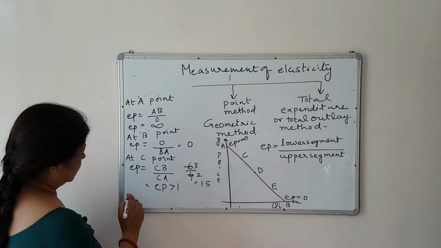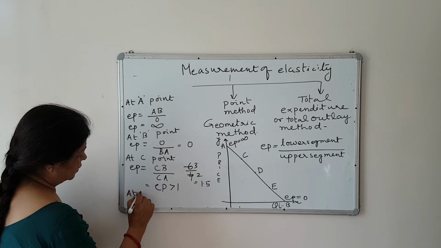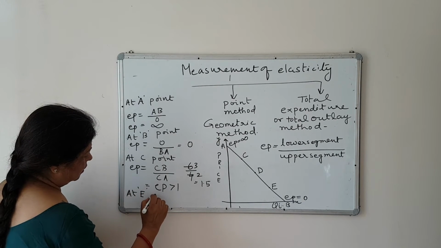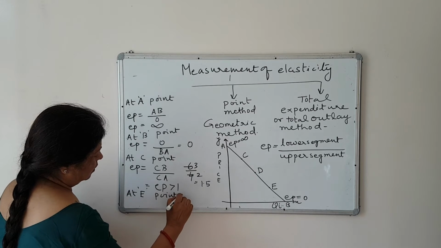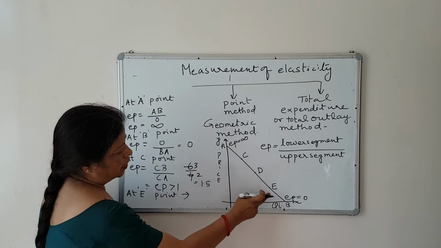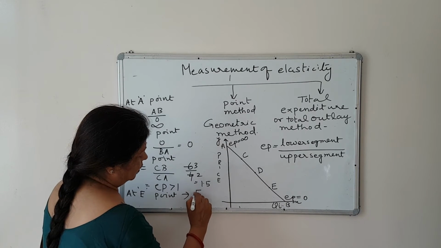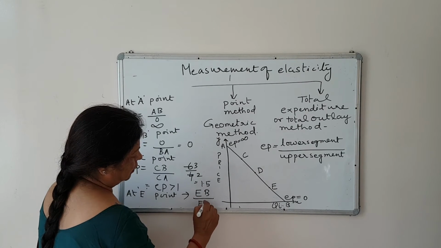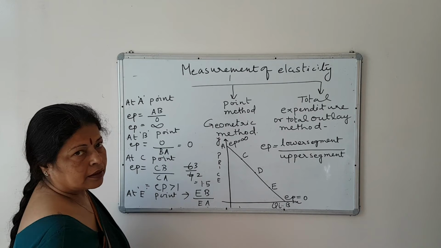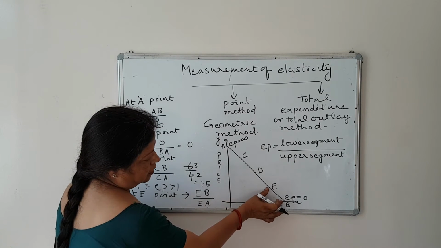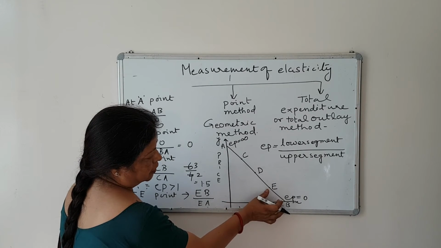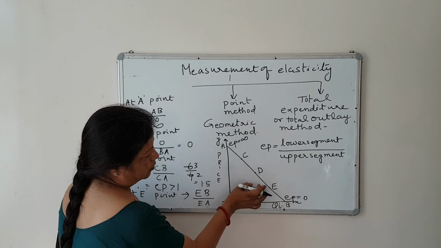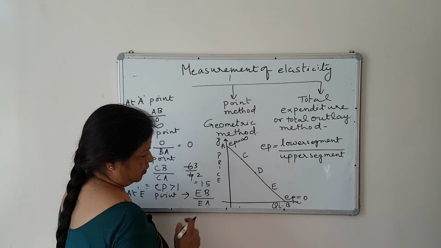Now the next one is point E. At point E, the lower segment EB is divided by EA. You can see EB is much shorter compared with EA.